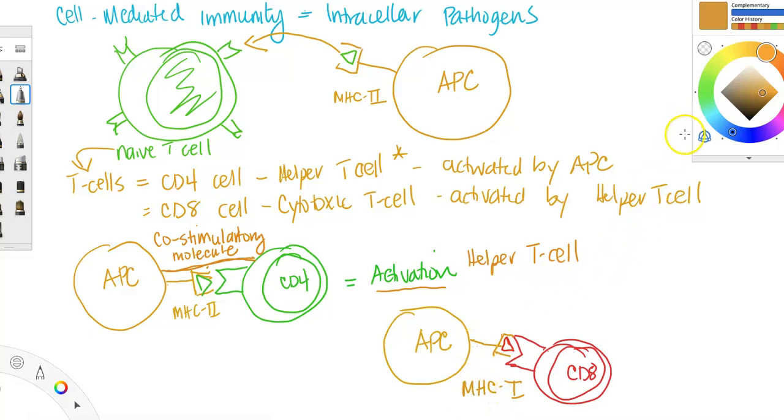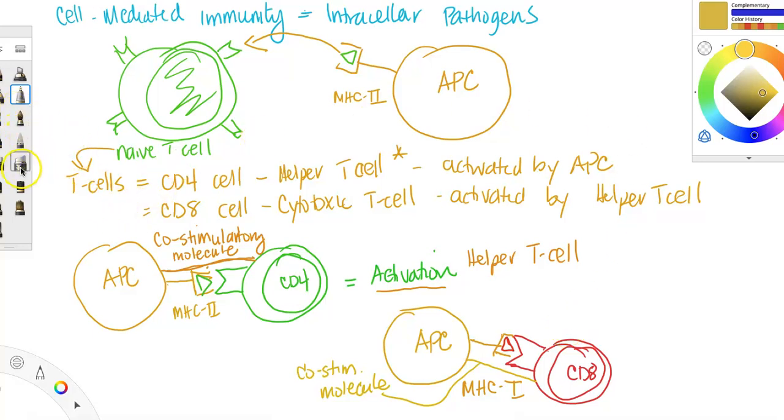It will also require a co-stimulatory molecule, but that is not enough to activate a CD8 cell. It requires a helper T cell.